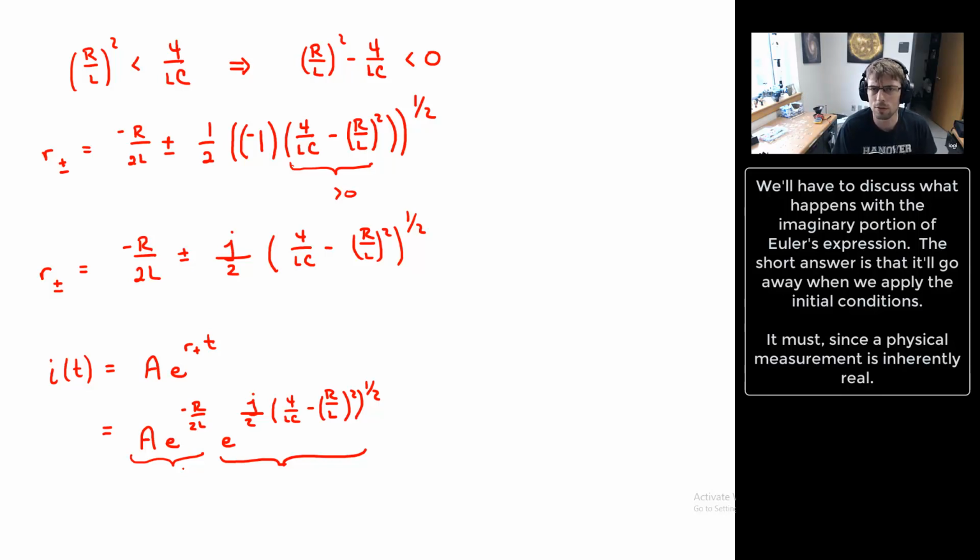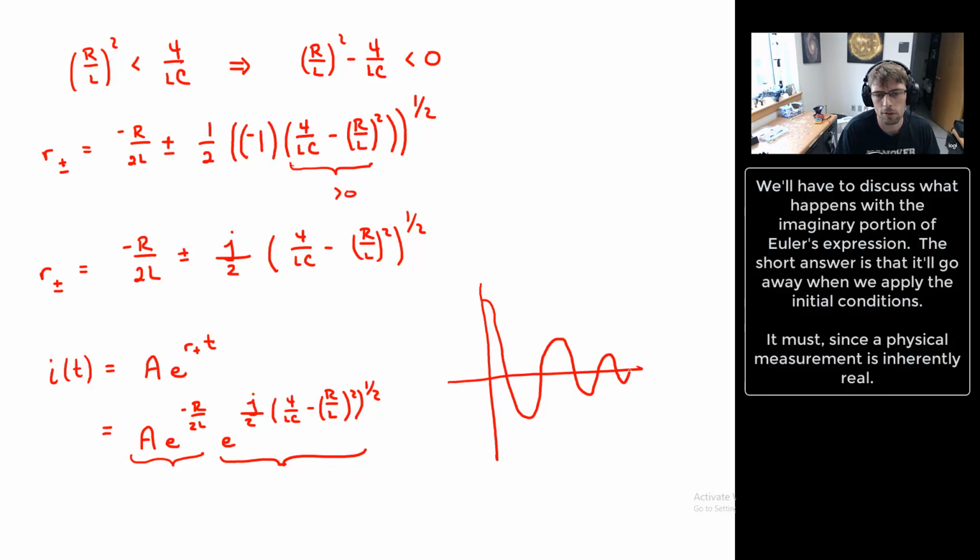And so when I take those two and put them together, what you should end up with is some sort of oscillatory thing that has an exponentially decaying amplitude. So if you could actually plot the amplitude here, that dashed line would be negative e to the negative R over 2L.